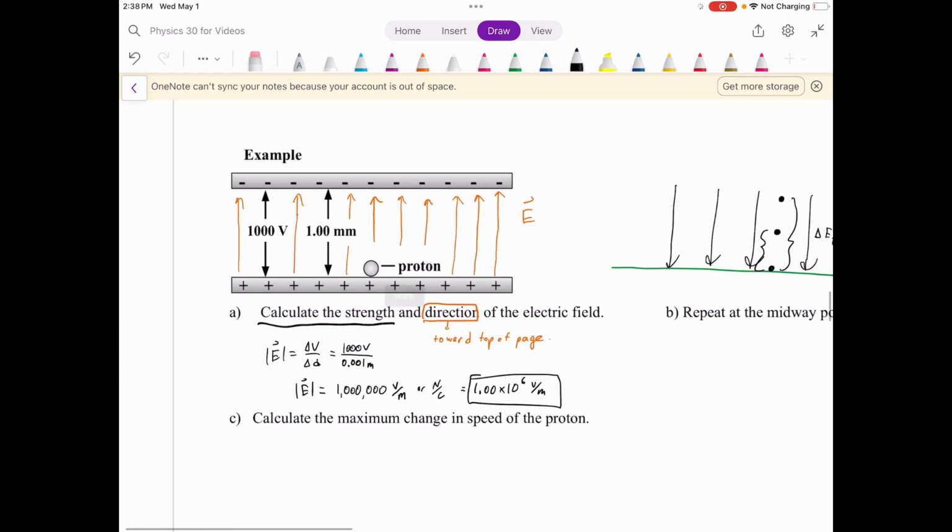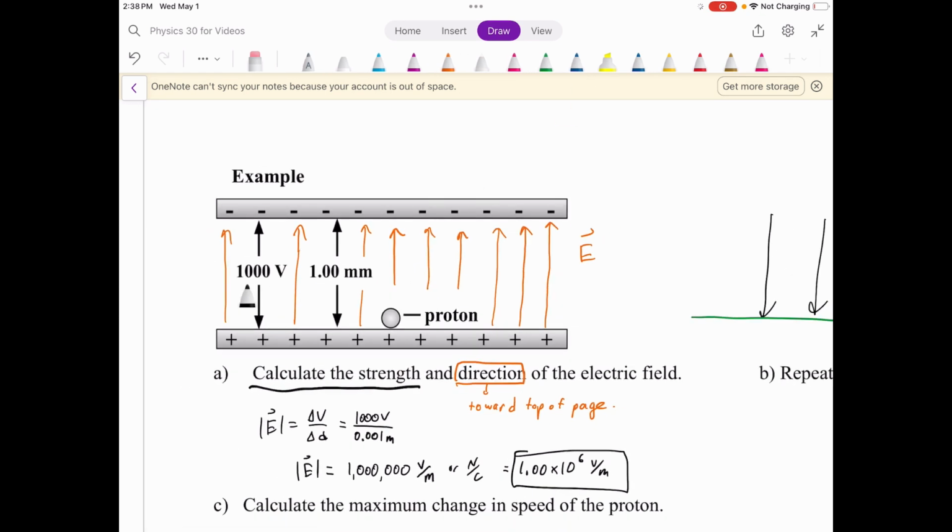So it's the same idea here. If there are 1,000 joules per coulomb of potential energy to be changed by going from here to here, well, halfway across, there would only be 500 joules per coulomb, right? Going halfway across is going to result in the potential energy changing by half as much per coulomb of charge.